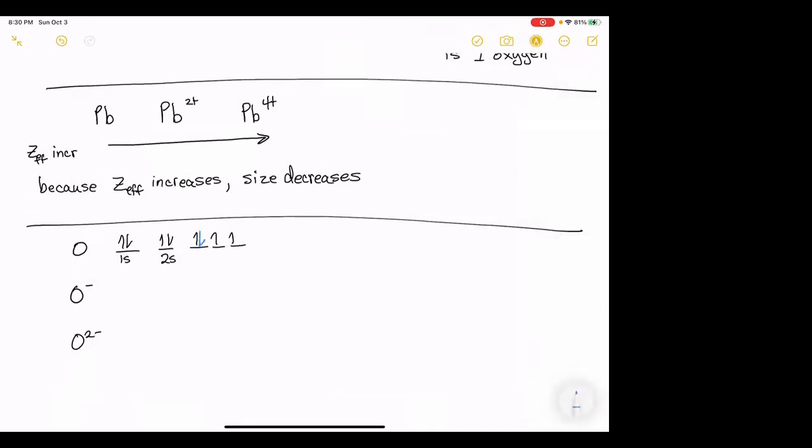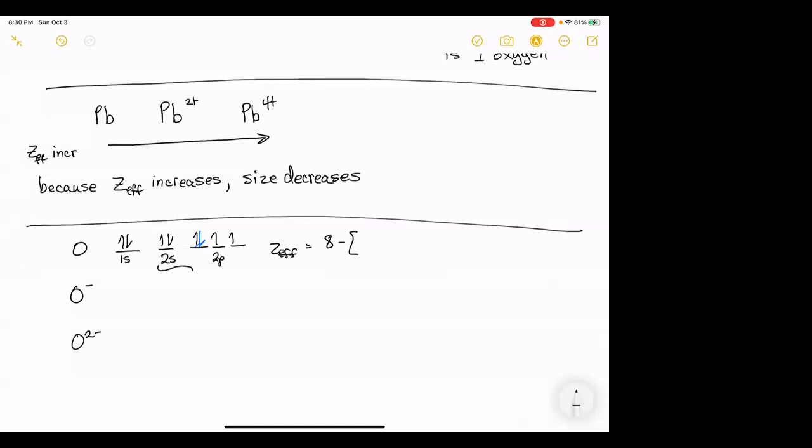If I'm looking at this one here and I do the Z effective, well, Z effective is going to equal, oxygen is element number 8, so that's its atomic number, and we're going to have to do this, so this is 2p.